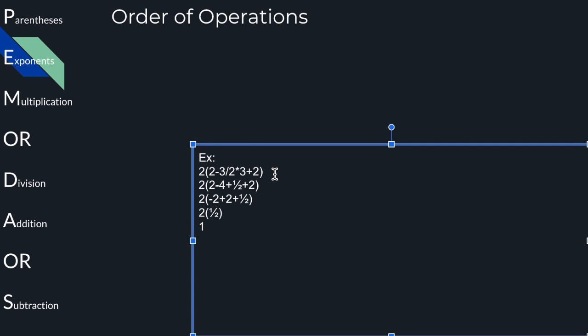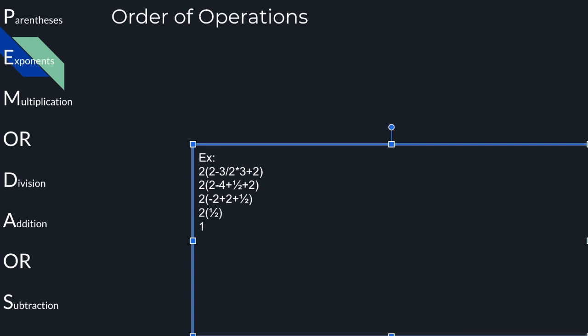So here's the example I gave you guys. Quick thing about the notation: this means division or fractions, and this means multiplication. So here, parentheses are first, so you do everything inside the parentheses first.